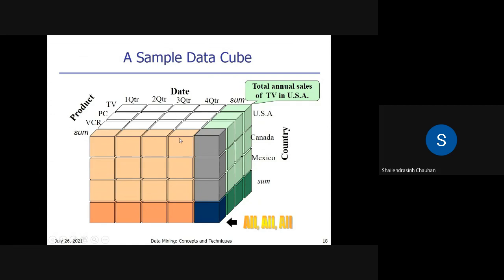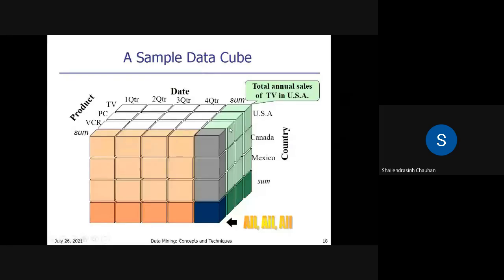Now this row is for USA country, this is for Canada, this is for Mexico. Now this is also sum and this is also sum. So you can say that this light orange part, light green part is a sum of individual products and quarters. Fine. So if you want to get the details, like how many VCRs I have sold in USA, for example.